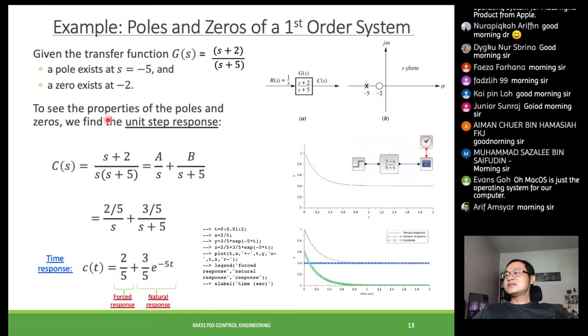Once you have all these equations, you can actually type and check, and you plot. Eventually you see that the time response generated by this is exactly the same as this, the total time response, right? So this is just to show that it's able to generate the same results, to validate it somehow.